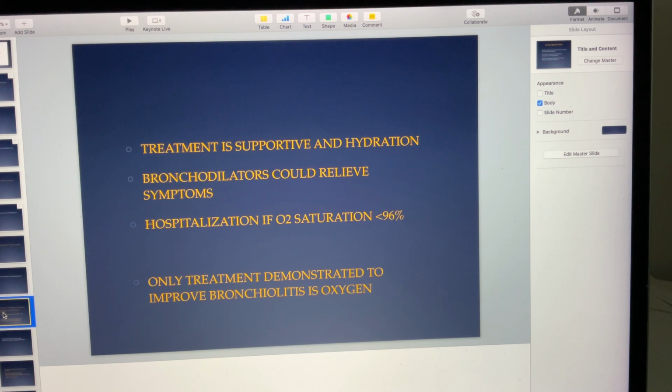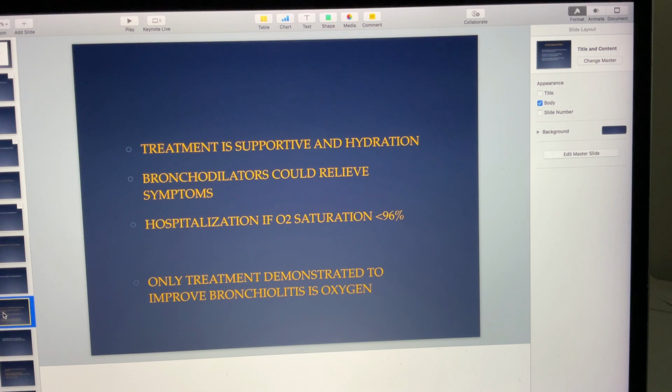I have also seen them give bronchodilators to relieve some of the symptoms. This may work, sometimes it may not do anything. You want to keep an eye on saturation status. If they have oxygen saturation that is less than 95-96%, you want to hospitalize this patient.